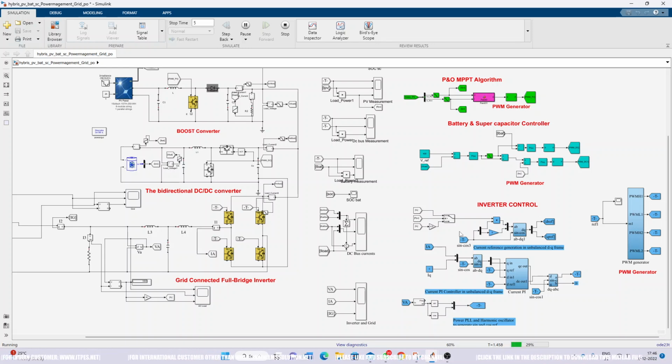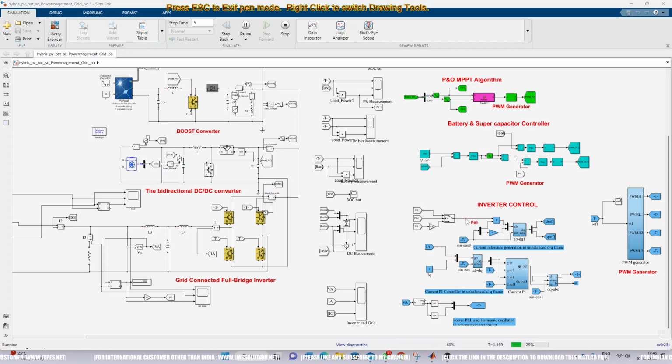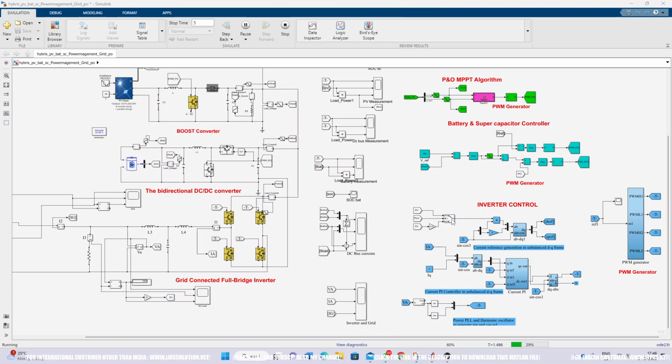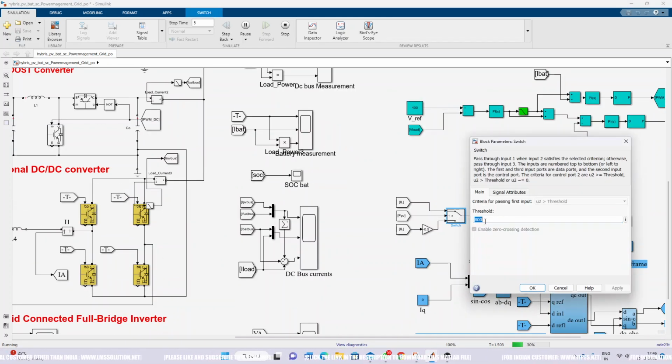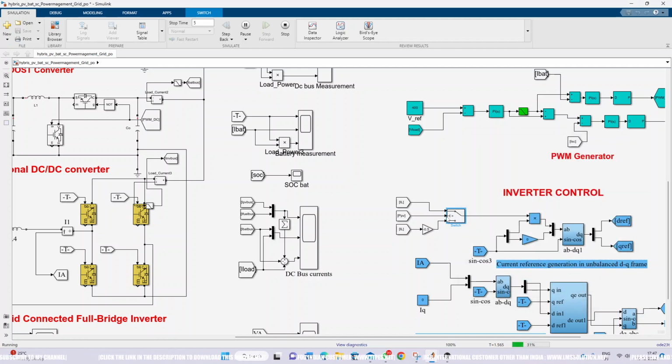That means we are going to generate the reference current. For example, if the power of PV is more than 800 watts, the reference current we are generating will be IL.